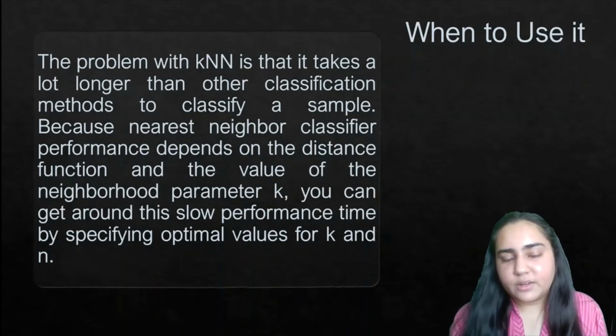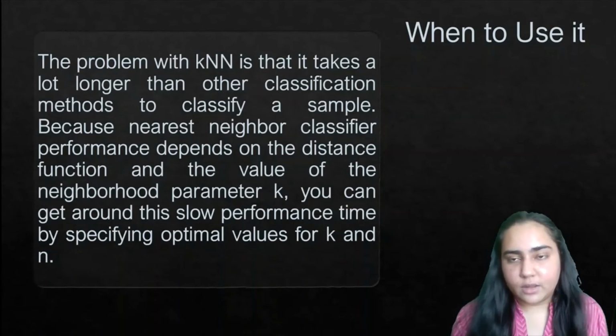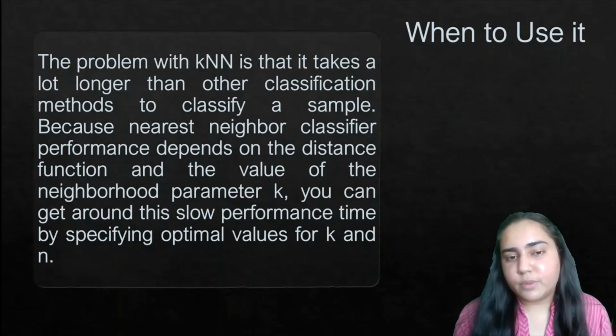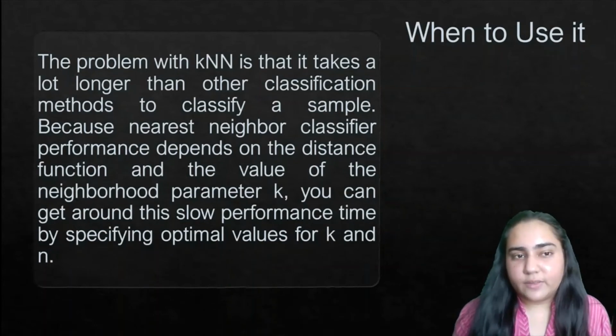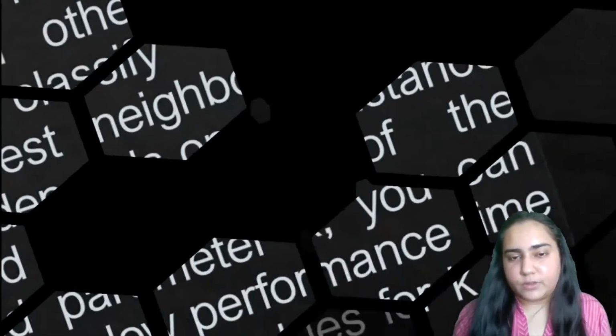So if you provide optimal values for k and n, then your algorithm will perform better with your data. But you can only provide good values of k and n if you are very familiar with your data set. So because of this, the problem is that it takes a lot longer to classify than other classification methods.